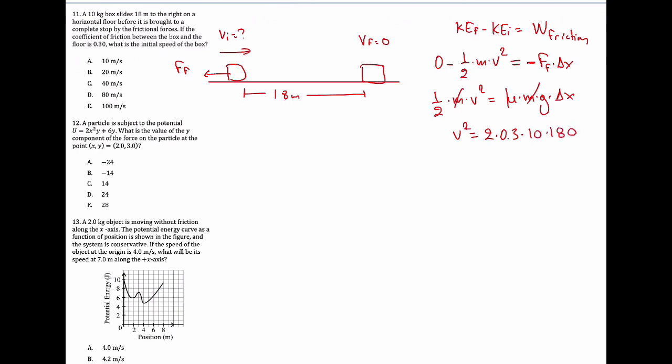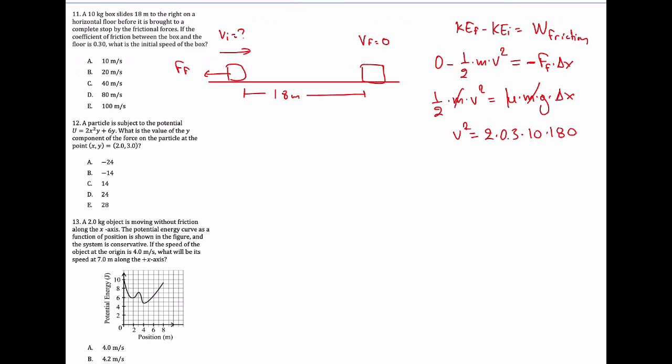Now we'll enter all of this in the calculator. 0.3 times 2 times 10 times 180, this is 1800, and the root of this is approximately 32 meters per second. Let me check if I made any mistake in my calculations.